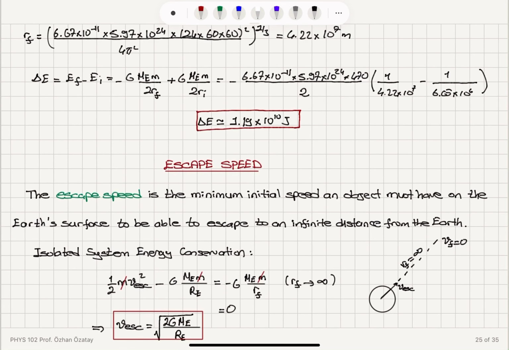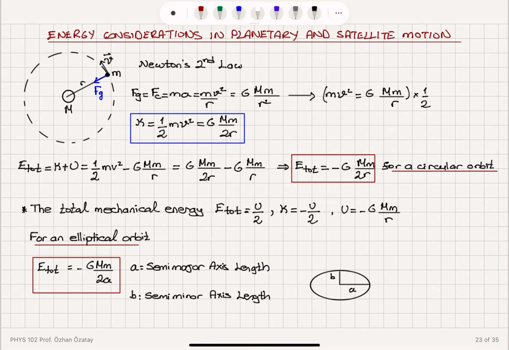All right, so in this lecture we talked about energy considerations in planetary and satellite motion. If we consider uniform circular motion, an object in a circular orbit around a planet with mass capital M, we see that its kinetic energy is minus its potential energy divided by 2, and the total mechanical energy of this object is minus the kinetic energy, or plus the potential energy divided by 2.